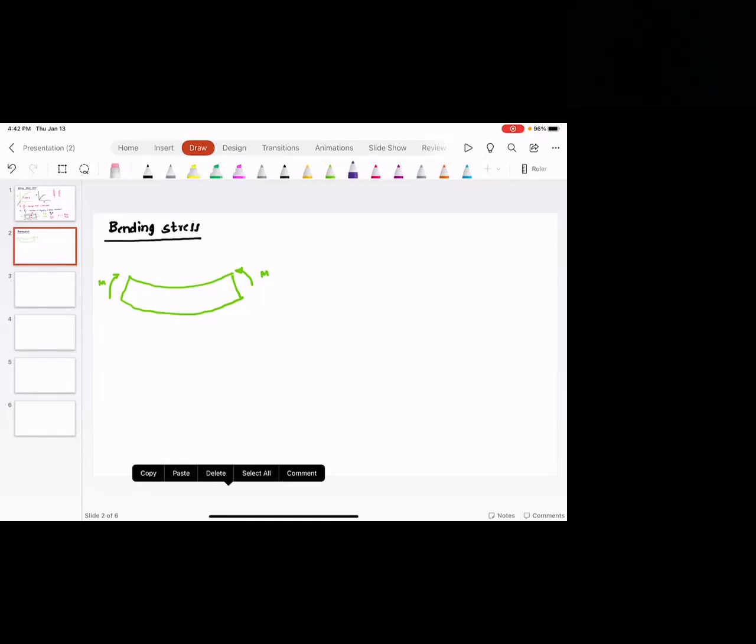Can you see that initially the beam was something like this. Then we applied a moment. Because of the moment, the beam bent and the top fibers were compressed and the bottom fibers were stretched.